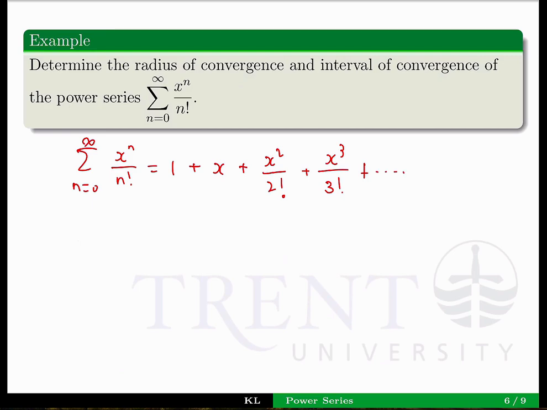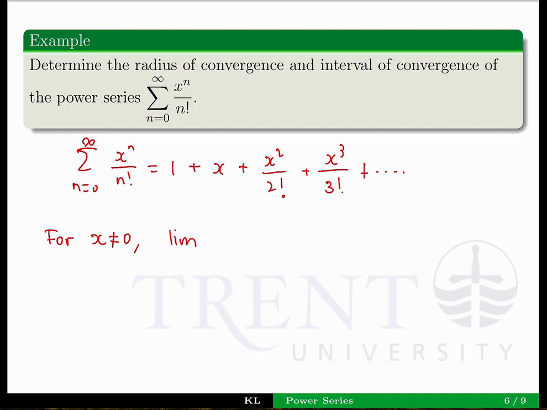We can skip the first step, when x equals 0, we can always skip that. So let us move to the second part, for x not equal to 0.